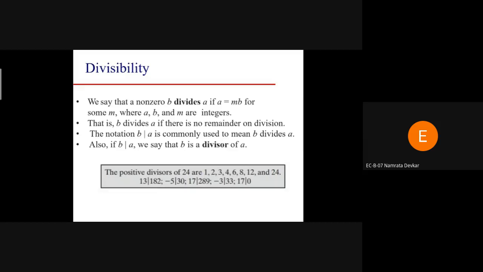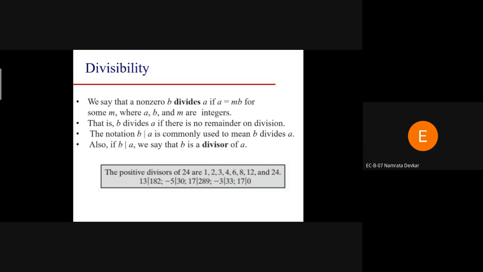The first concept we have to study is divisibility. The basic meaning of divisibility is that we can divide integer numbers. If a number is divided by another number, we can take various positive integers. If we divide any non-zero number, we can say b divided by a.